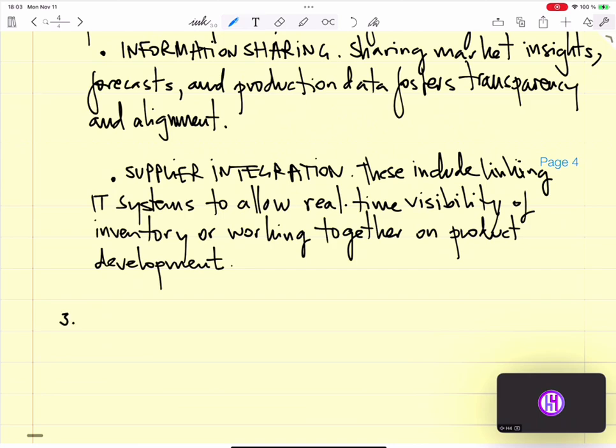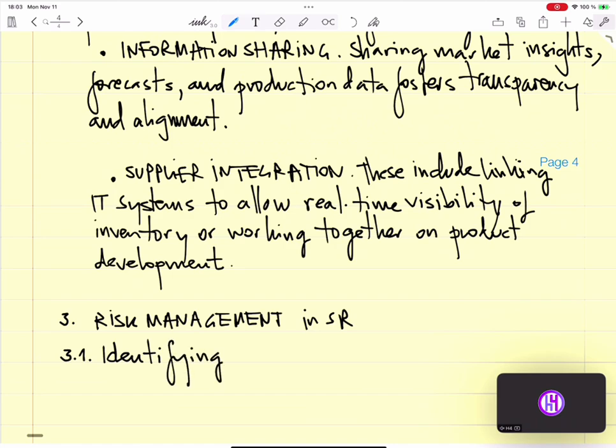Point number 3, risk management in supplier relationships. Okay. So the first point, 3.1, is identifying supplier risk. Okay. So these are inevitable.